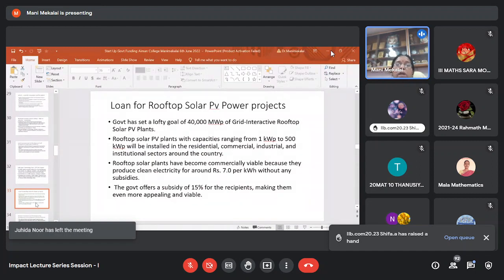Another important funding scheme available with the government is the rooftop solar PV power projects. This is to bring an environmentally friendly atmosphere, or to install solar projects. In many new houses that are being built, or even in our university, we have established a huge solar power project.